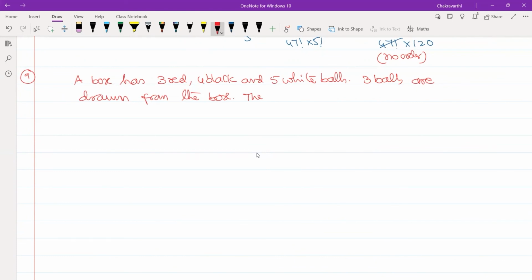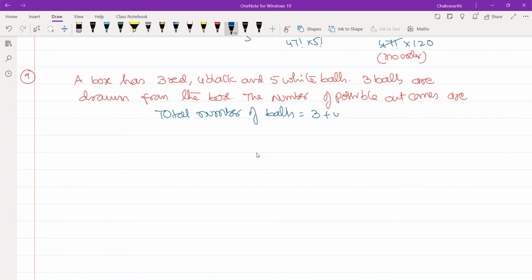The number of possible outcomes n of S: first of all, the total number of balls is equal to 3 plus 4 plus 5, that is 12.